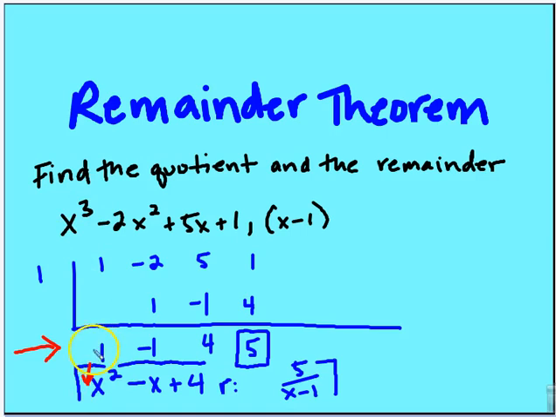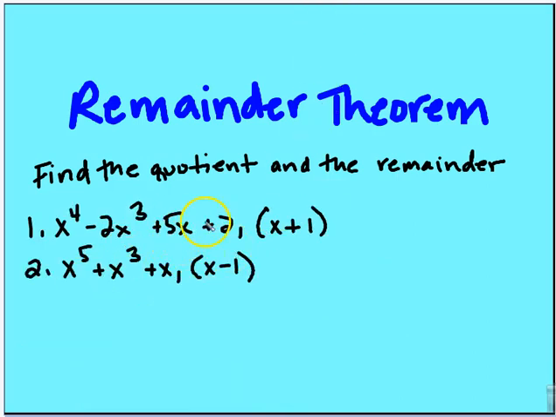But in this case, we have 1x squared, and then negative x, and then plus 4. So x squared, 1, and then 4. So we go in descending order: 2, 1, and then 0. So our quotient is x squared minus x plus 4 with a remainder of 5 over x minus 1. And I want you to write it with the divisor here in the denominator.